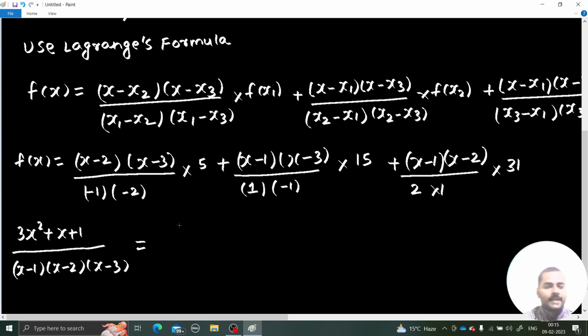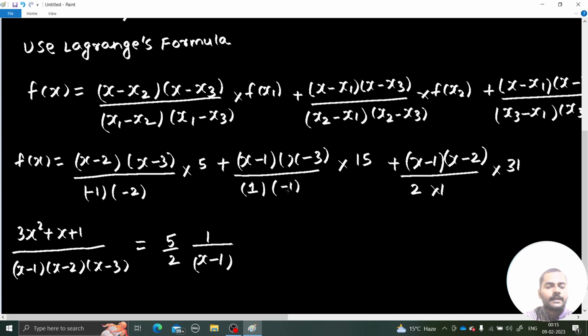So if I do so, on the right hand side what I will get is, this is 2, so 5 by 2, and if I divide by (x minus 1)(x minus 2)(x minus 3), I will get x minus 1 in the denominator.